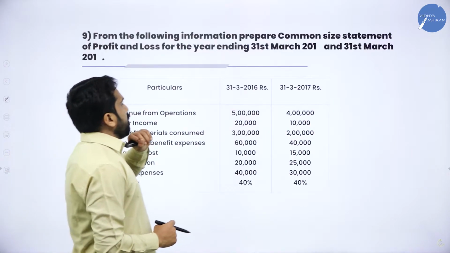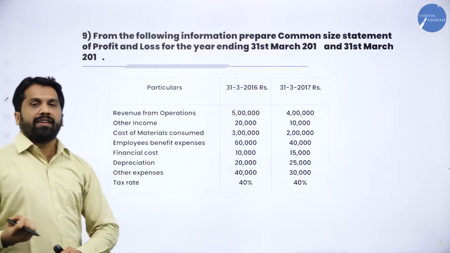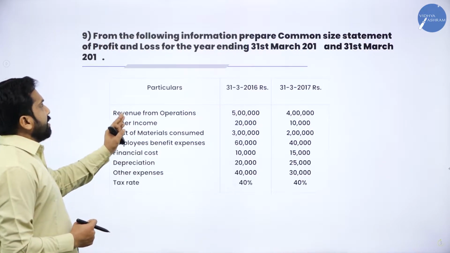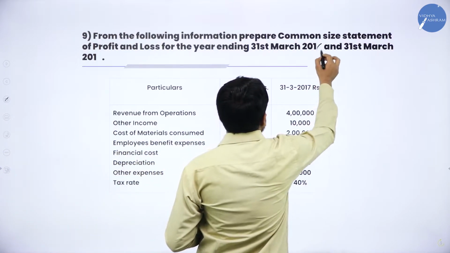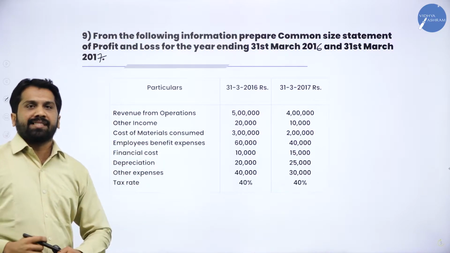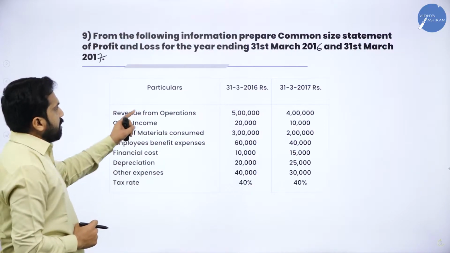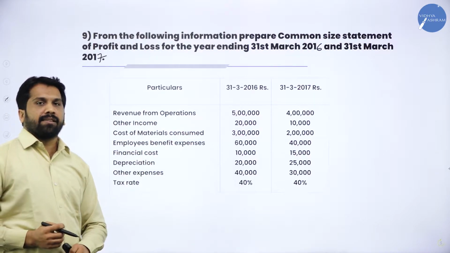From the following information, prepare a common size statement of profit and loss for the year ending 31st March 2016 as well as 31st March 2017. Now, particulars, you have information for 16 as well as 17.